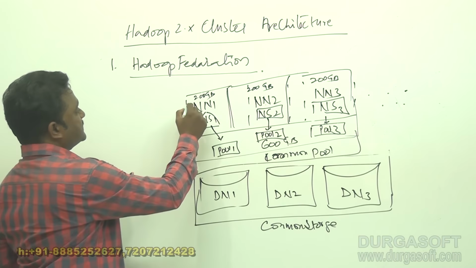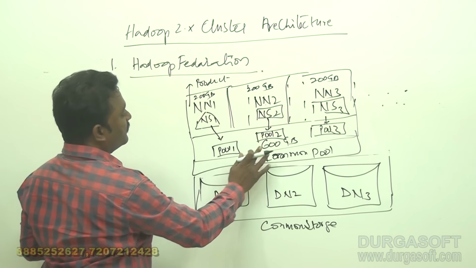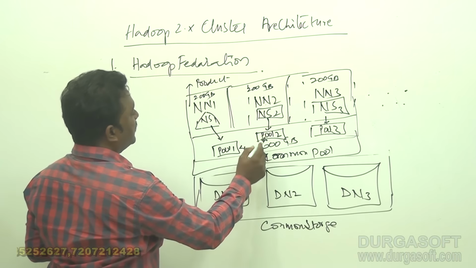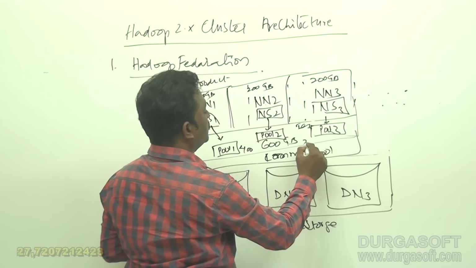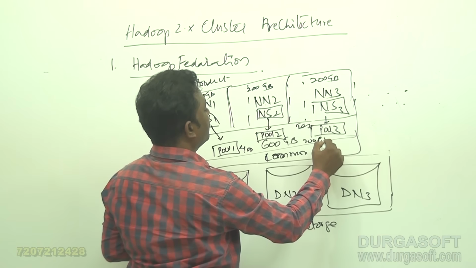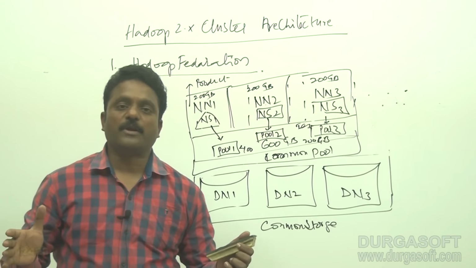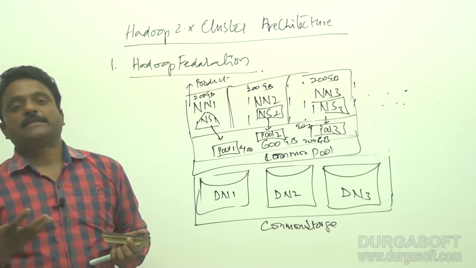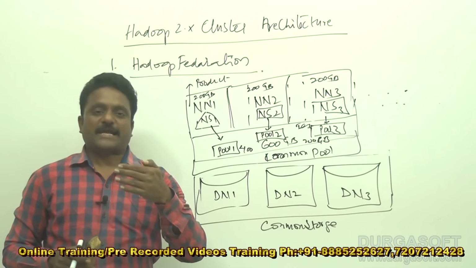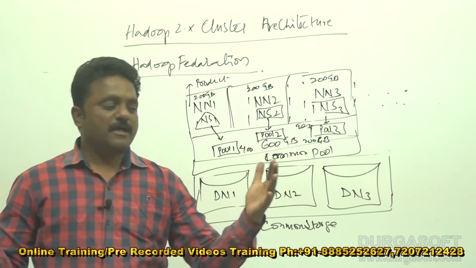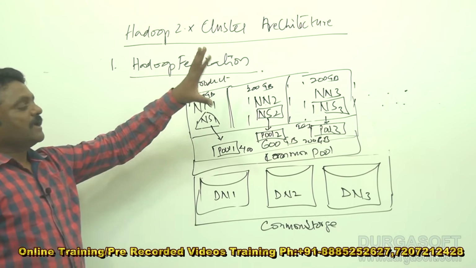Let us say this is only for production, it can be extended to 400, and if name node 3 deals with testing, then 200 GB of RAM is allocated to that name node. So from a common pool, depending on the availability and the demand, the namespace can get its own share from the common pool. That is the advantage of having more than one name node.